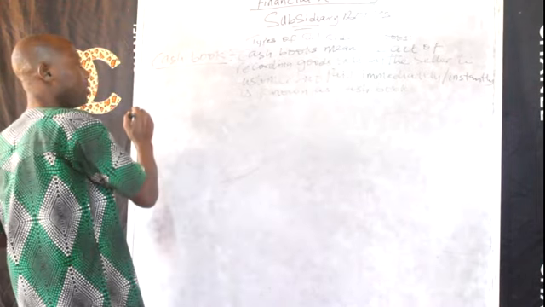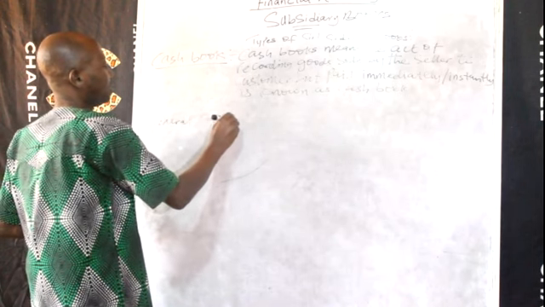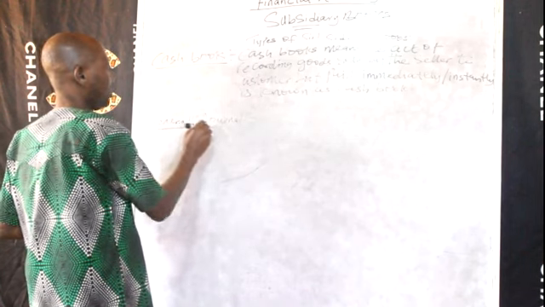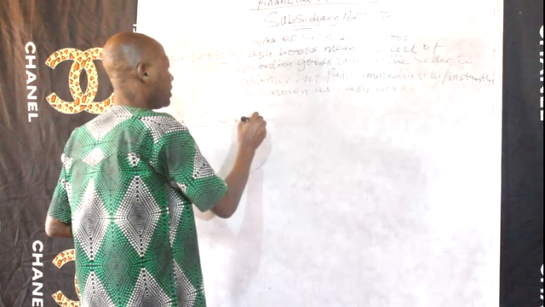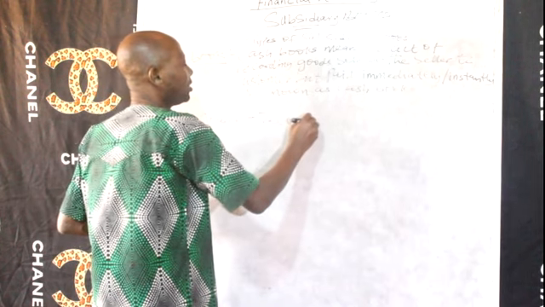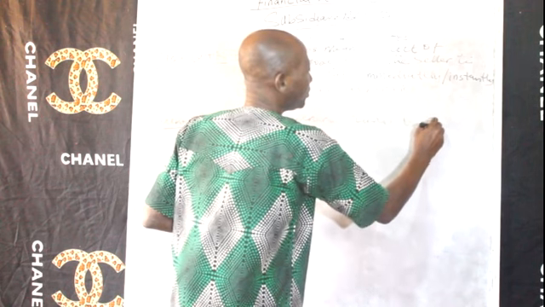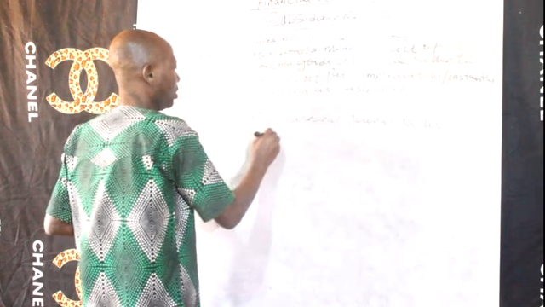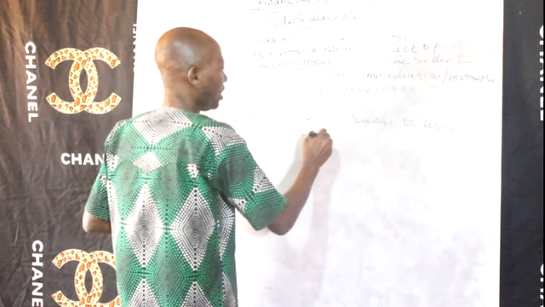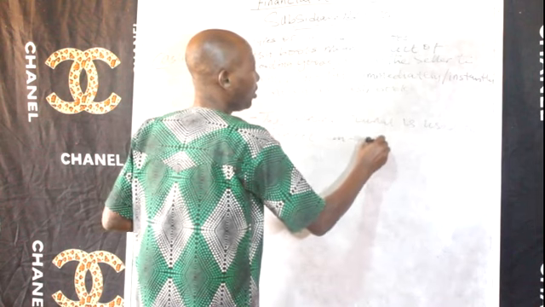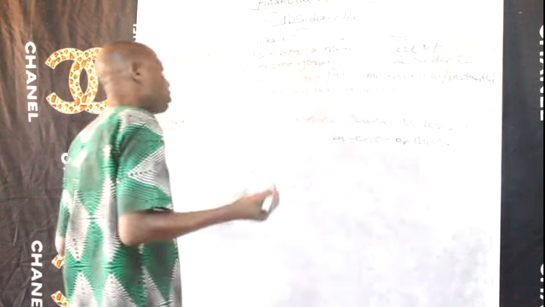The last one is the general journal. When we are talking about the general journal, the general journal is used to correct an error or mistake.